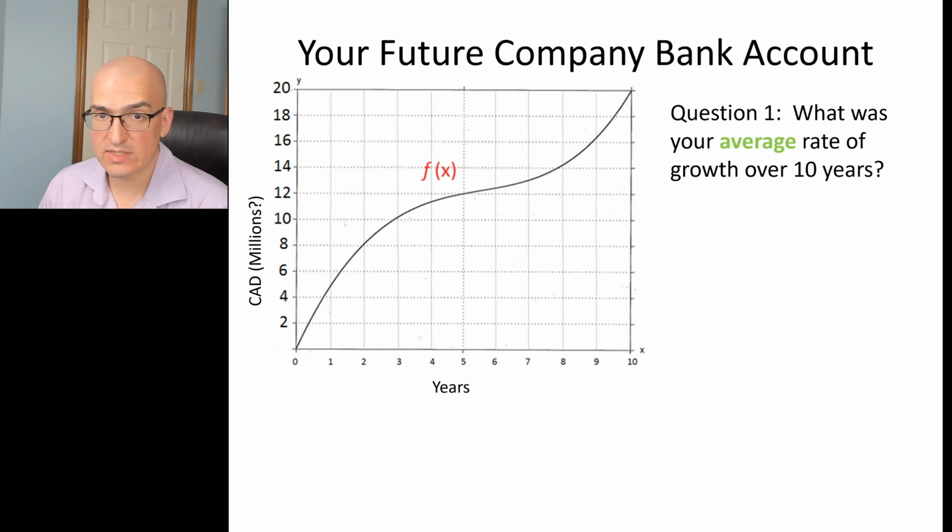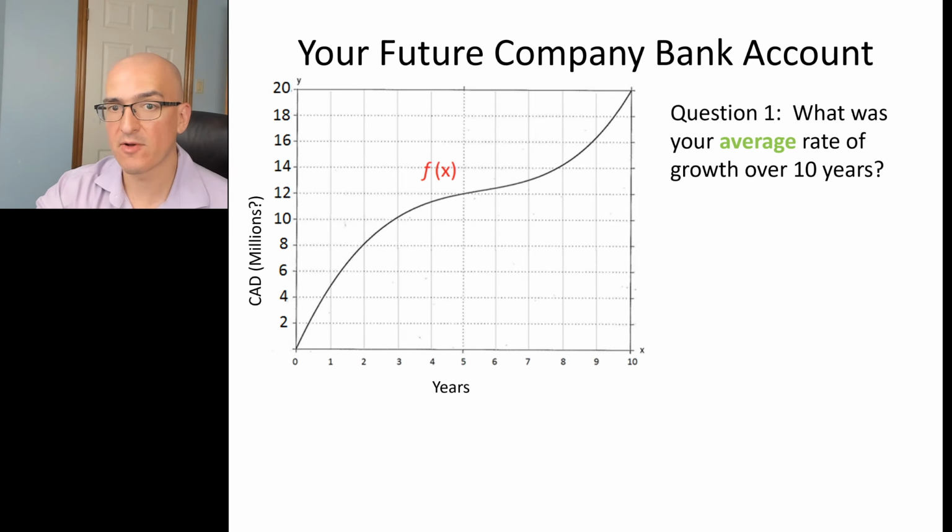This is a fairly easy question to answer. Your average growth rate is how much did you grow by from year 0 to year 10. You grew 20 million minus 0 million, so $20 million. And how many years elapsed? So divide by the number of years, 10 minus 0, so 10. So 20 divided by 10. On average, you added $2 million per year.